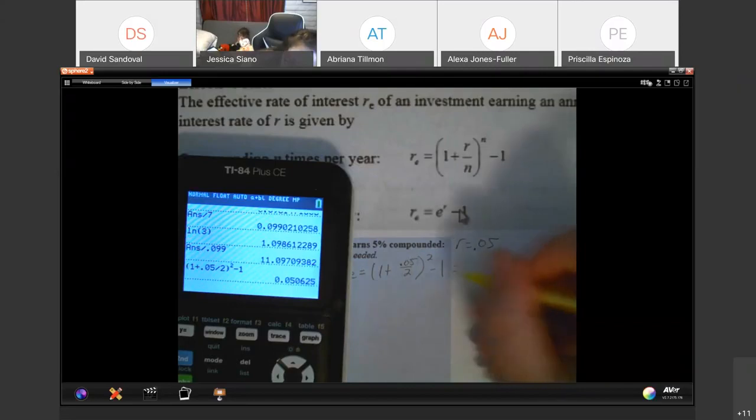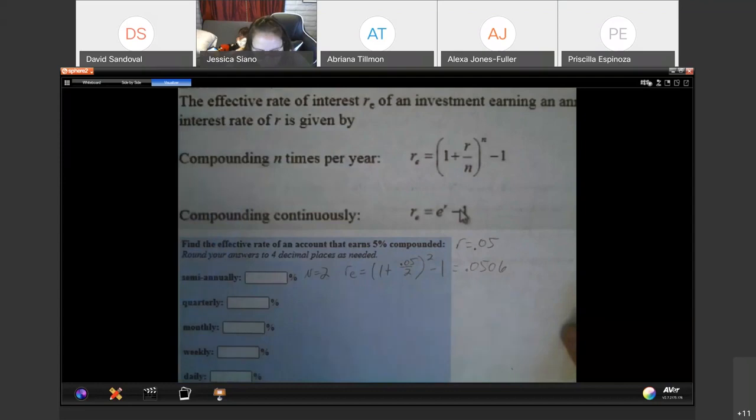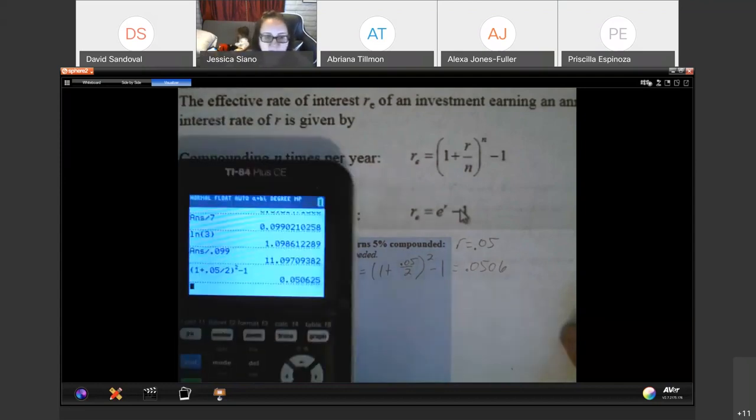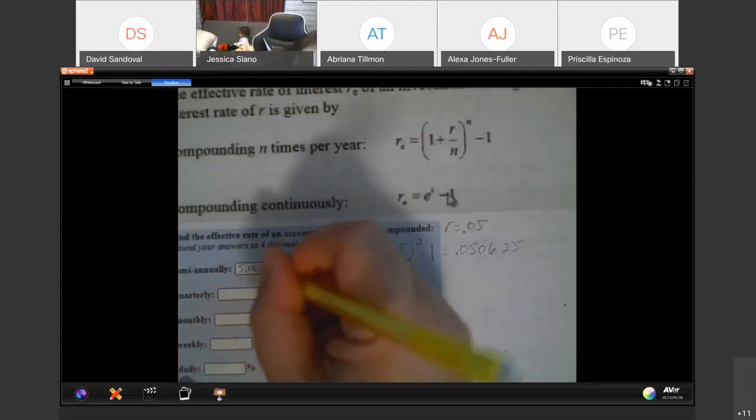So that would be 0.0506. They want 4 decimal points, and they want it as a percent. So it would be 5.0625%.